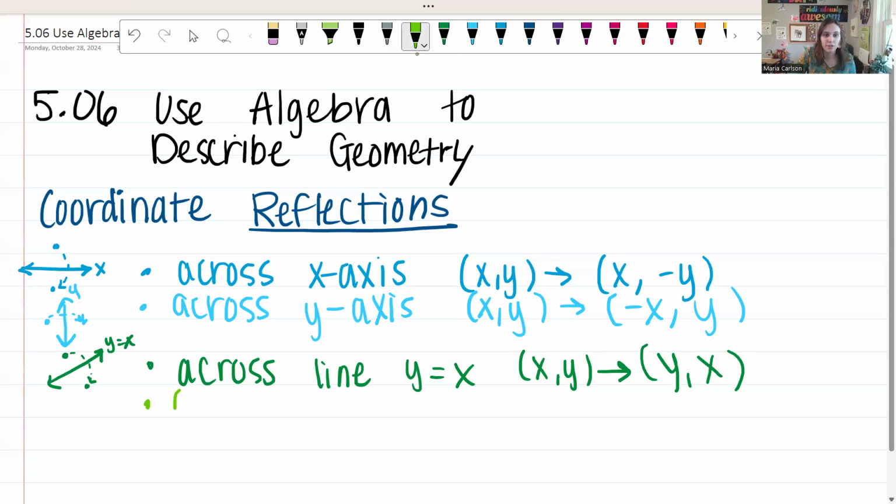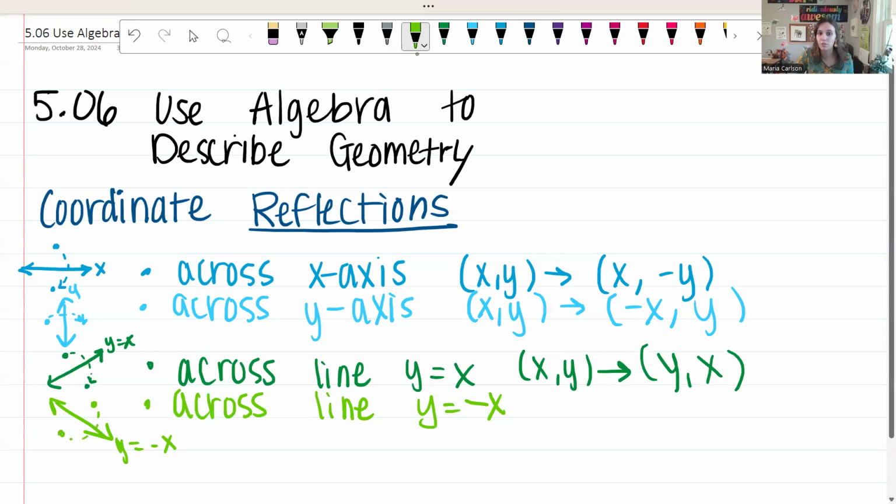If you want to reflect across the line y equals negative x, this is kind of opposite thinking now. We now have this line y equals negative x. So if you have a point up here, it's now going to reflect down below.